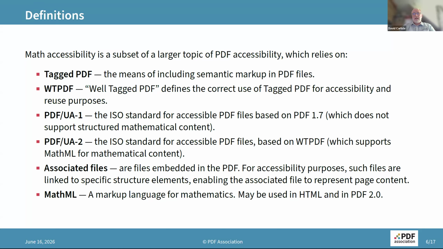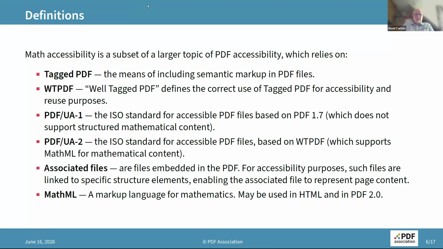Associated files are a thing in PDF, so you can attach, as well as the main typesetting content stream, PDF allows internal files. So depending on how you add them, they might show up in some PDF readers and the table of contents. But in this context, it allows us to attach MathML or CSS, extra structure to help add structure for the math.